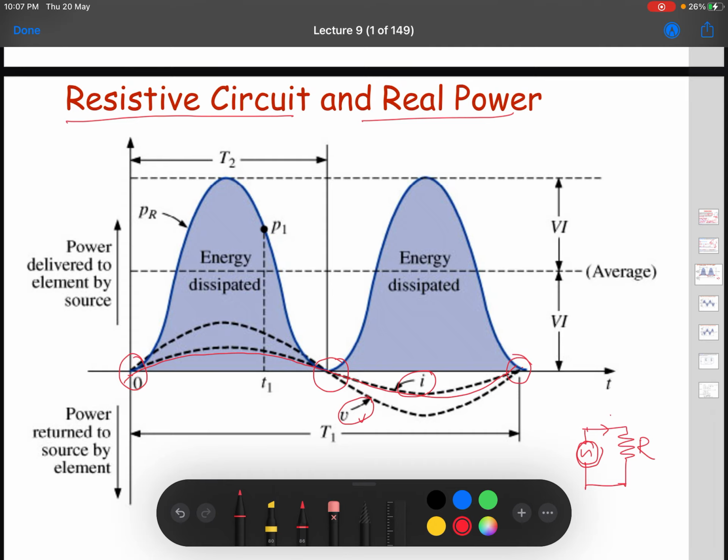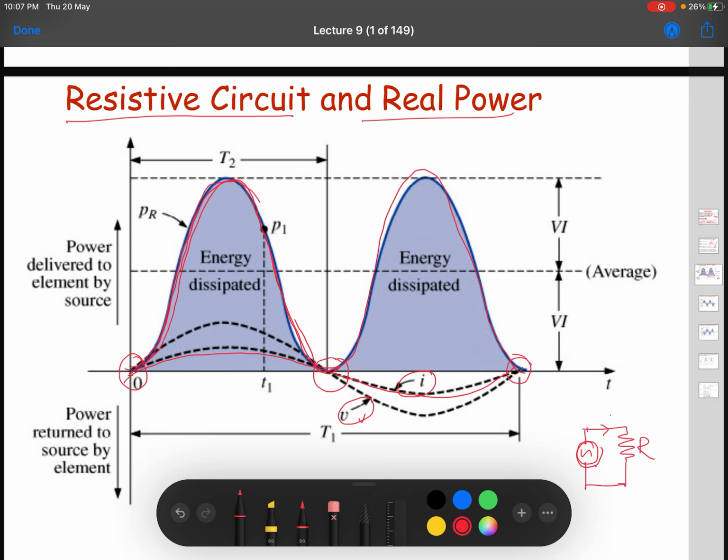Now when you multiply this V into I, when both are positive and when both are negative, the result always comes out positive. You should know that whenever you multiply two sinusoidal quantities, the frequencies add. Here both have the same frequency. So this V into I is also a sine wave.